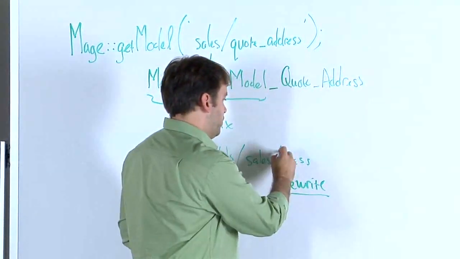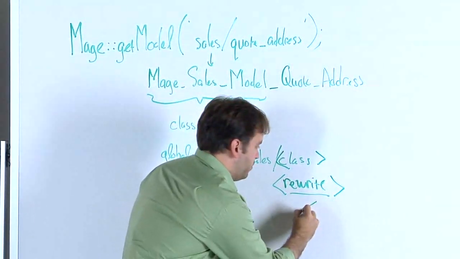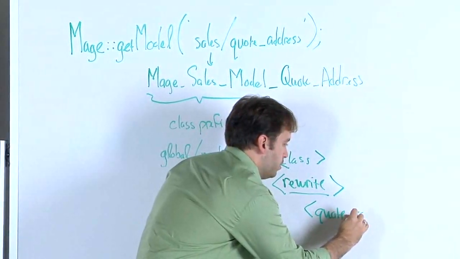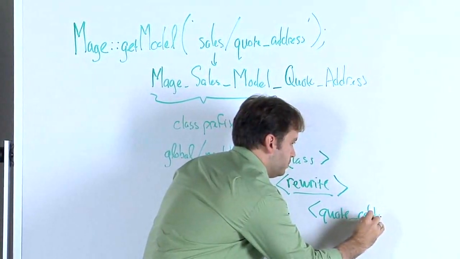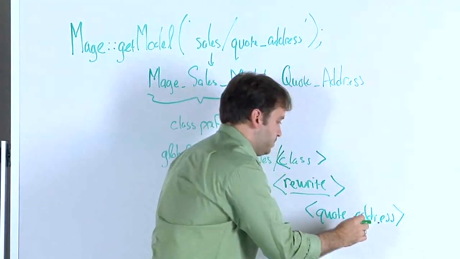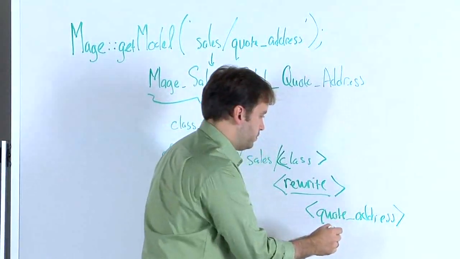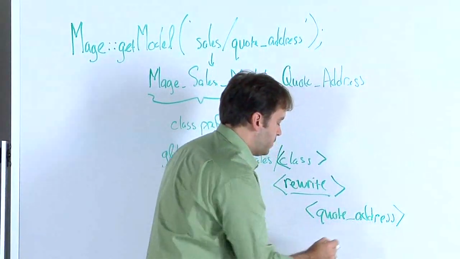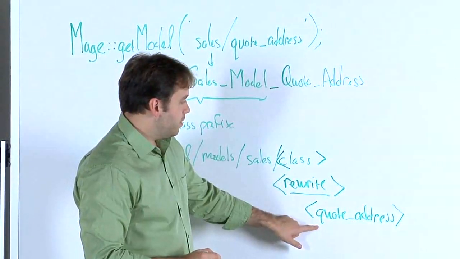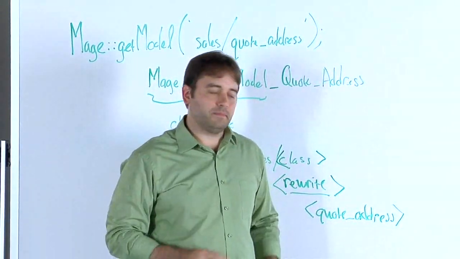So basically, we've got a class node and a rewrite node right next to each other, and then we have, in our case, we're adding quote address. So under quote address, we're adding a full class name.